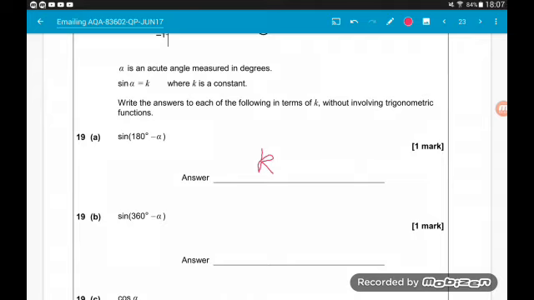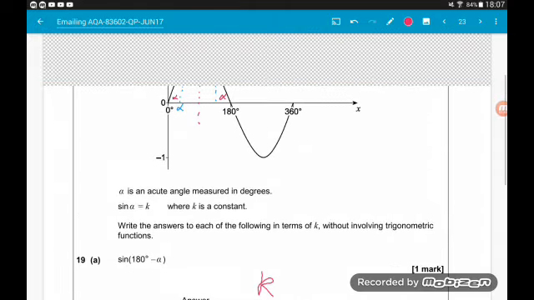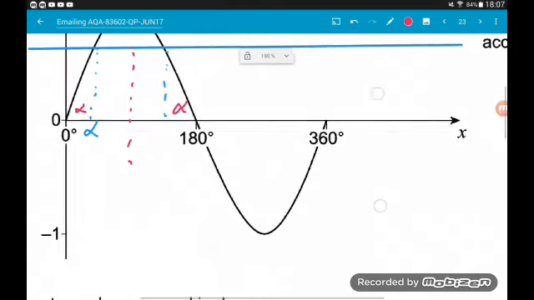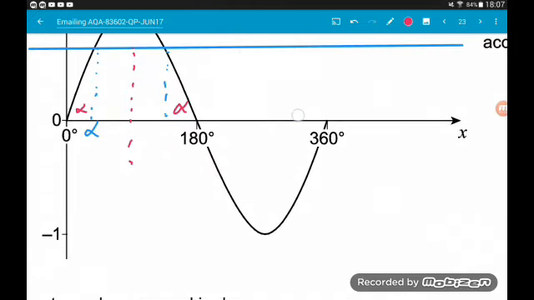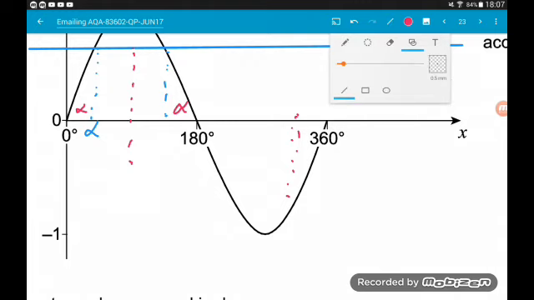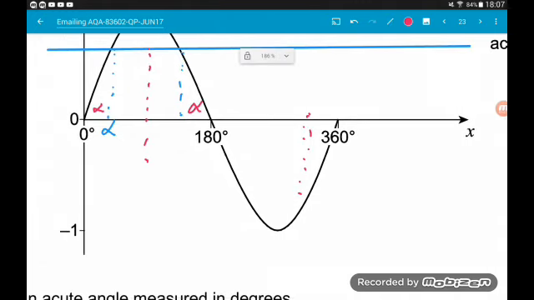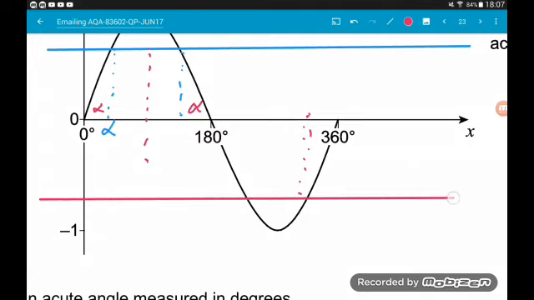Then we're asked about sine of 360 minus alpha. So what's going to happen there then? Well, 360 minus alpha is just going to take us down there. So we're going to hit the same y value on our curve, except it's going to be negative.